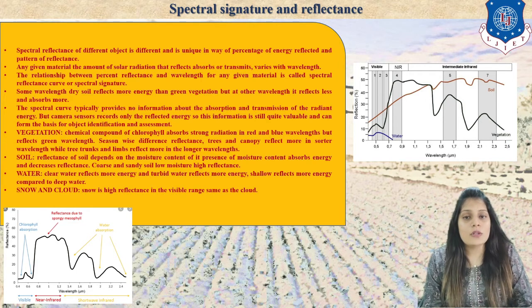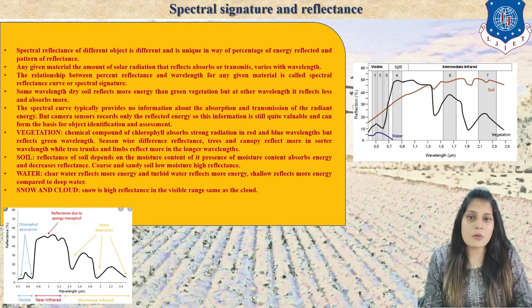Now, similarly, we are going into detail for the water content. Can you see the water graph I have shown? What does it indicate? Clear water reflects. Turbid water sometimes reflects well, sometimes less. Both are possible.